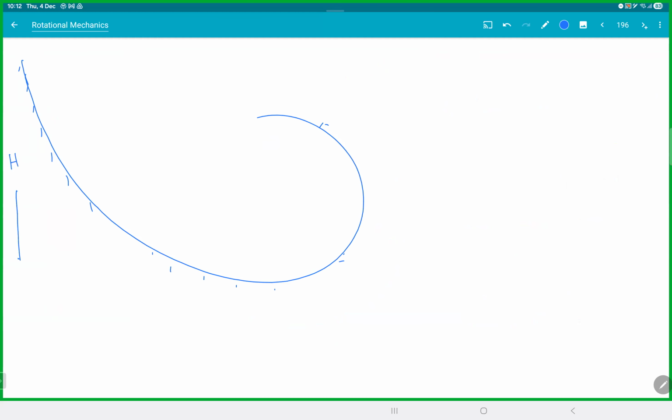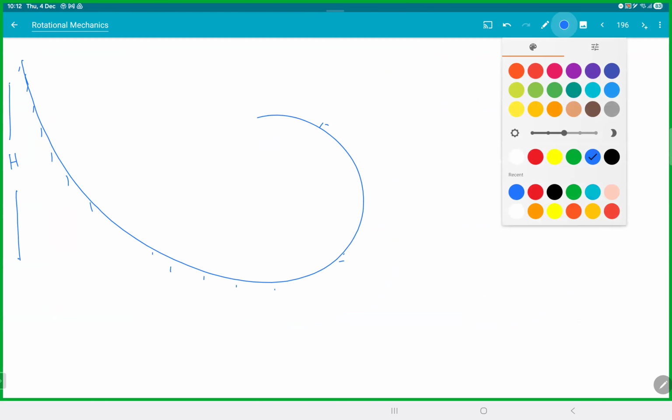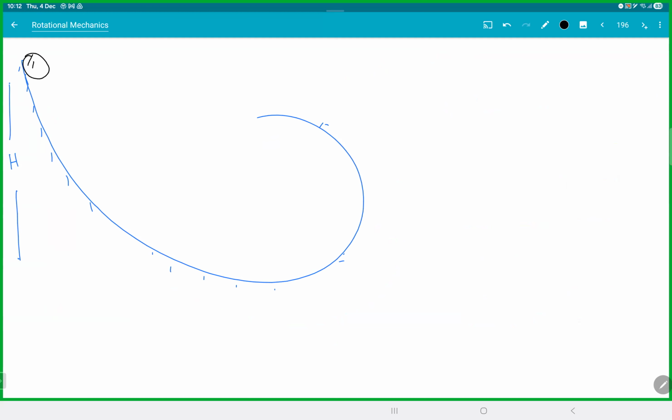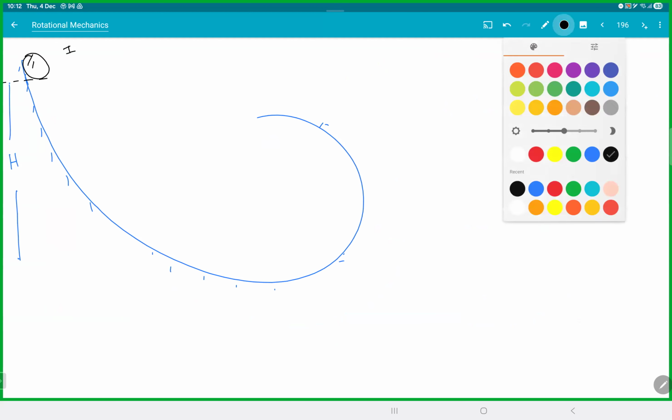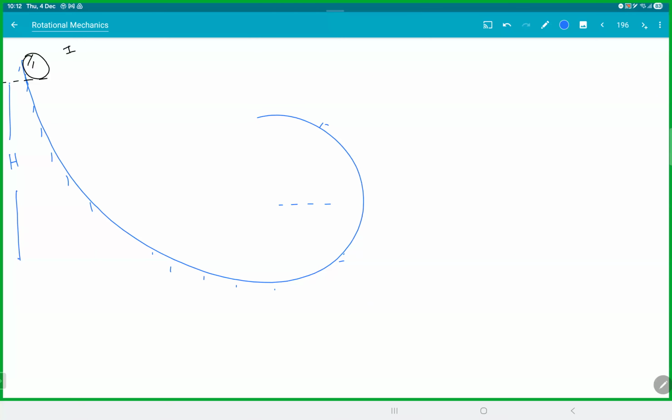So this is your h minimum. This is state 1. So the speed is here. This is R. This ball will have a speed v and will also rotate with omega.